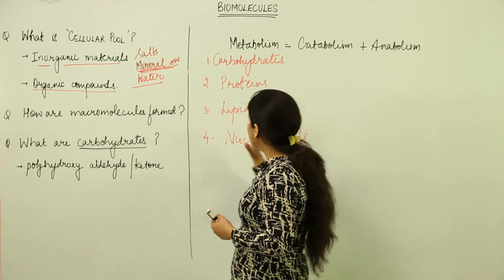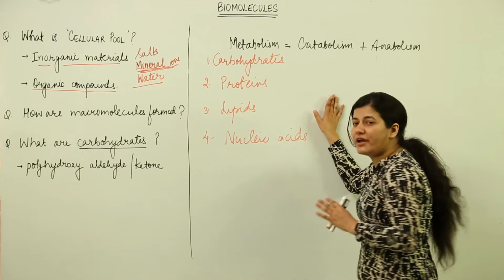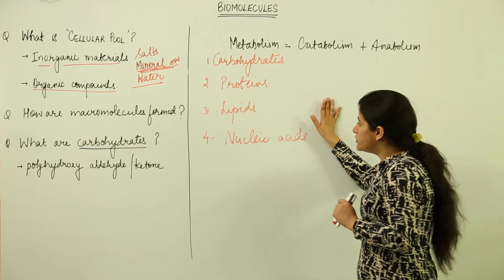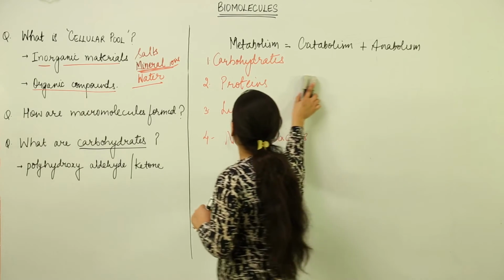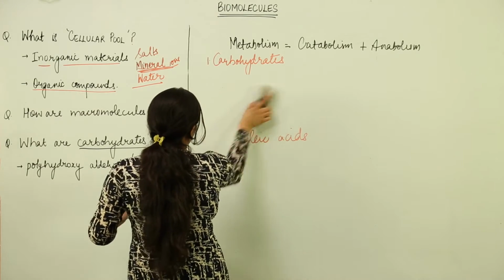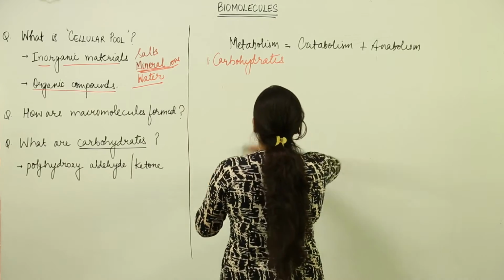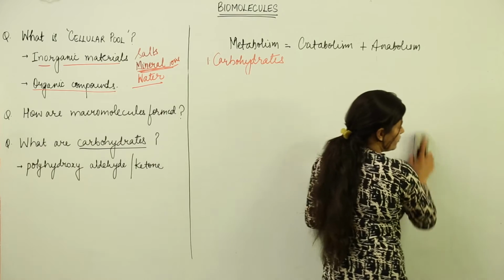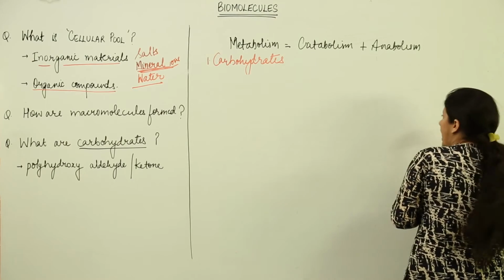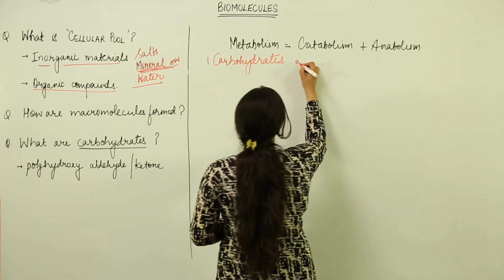Then we are going to discuss carbohydrates in detail in this lesson. So let's take into account what carbohydrates are. When I use the term carbohydrates, I am referring to the macromolecules which are made up of sugars.